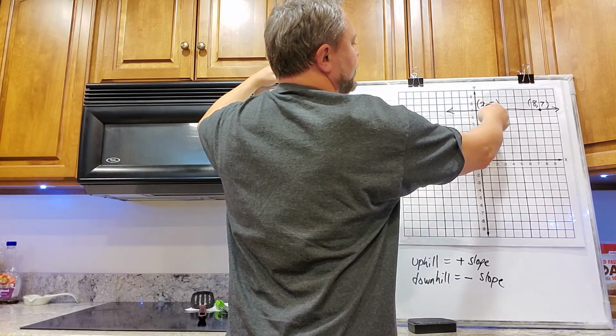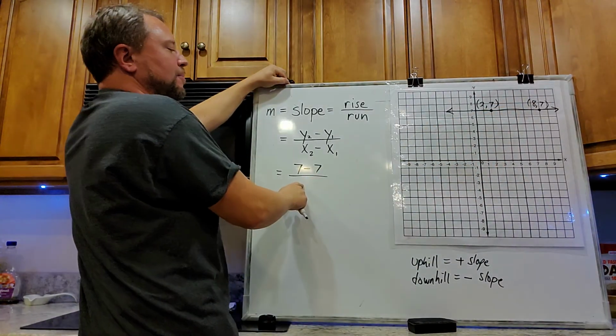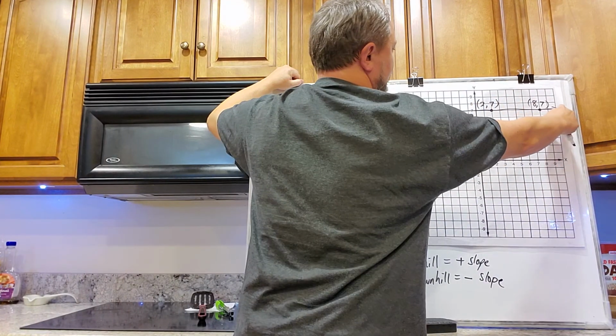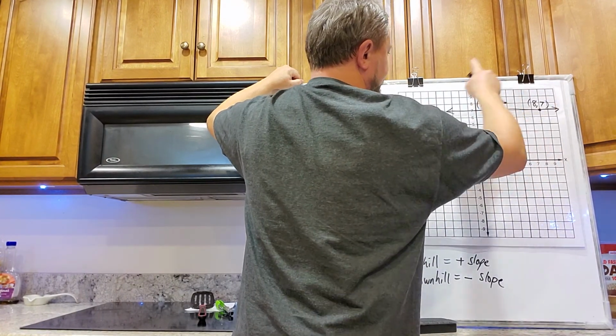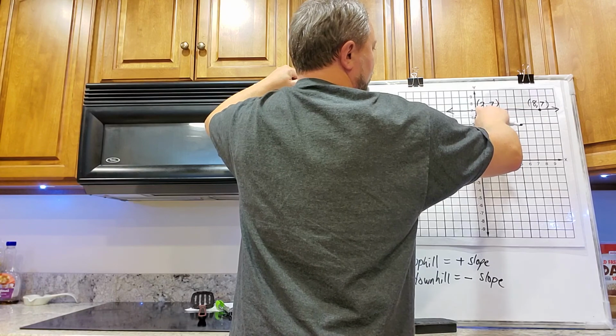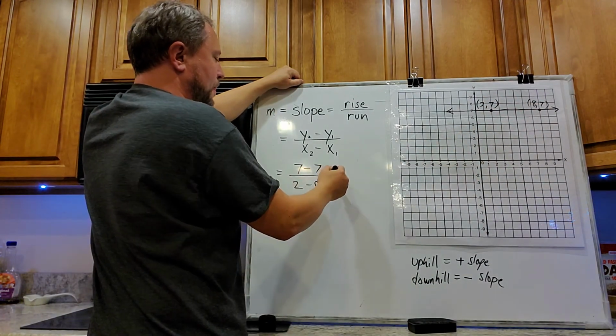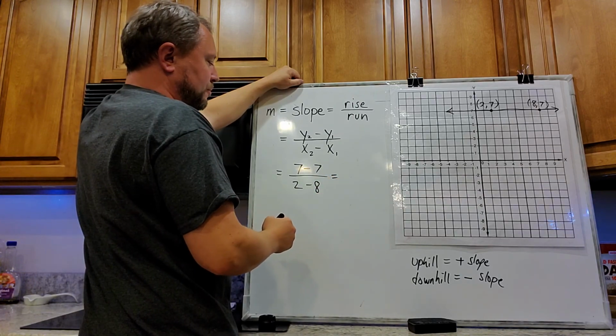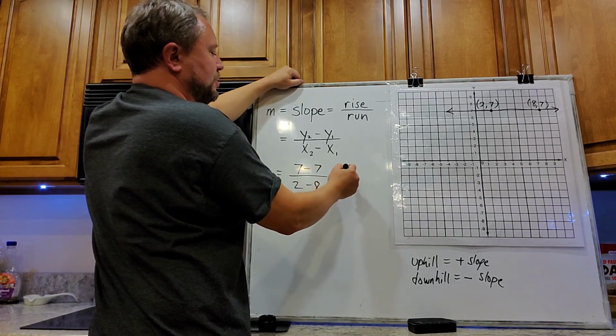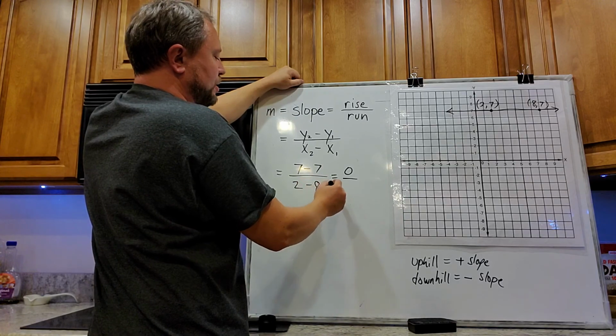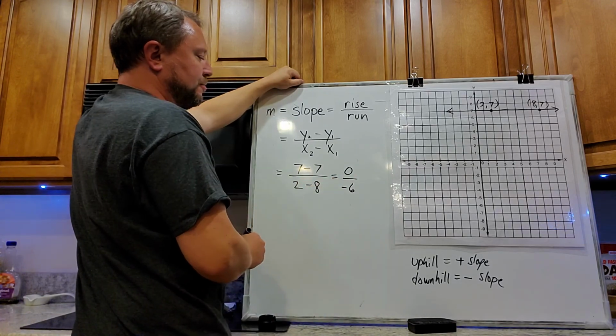So if I said, for example, that my 7s up here are going left to right, 7 minus 7, then I would continue that pattern and go 2 minus 8 on the bottom. Well, 7 minus 7 is 0. On bottom, 2 minus 8 is negative 6.